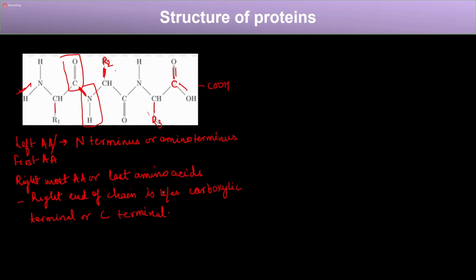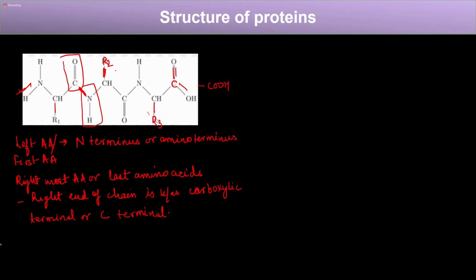We understood, right? Whatever the length of the protein, at its leftmost end it will always have the amino terminal because it has a free amino group, and at the rightmost end it will have the carboxylic terminal because its carboxylic group is free.